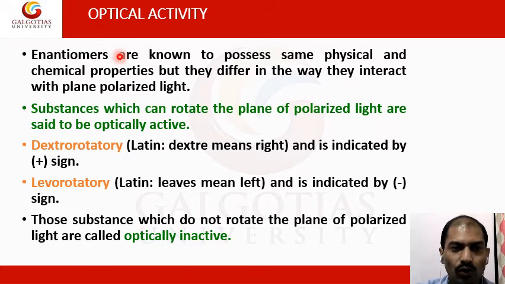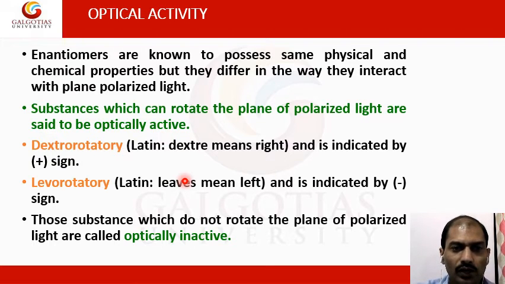As you already studied in the earlier lecture, we discussed different nomenclature like dextrorotatory, levorotatory, and similarly rectus, sinister, and their rotation with respect to plane polarized light. So the enantiomers obviously have different rotation with respect to that plane polarized light. The substances which can rotate the plane of polarized light are said to be optically active, because they are rotating it by a certain angle.